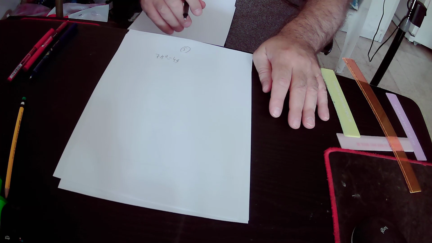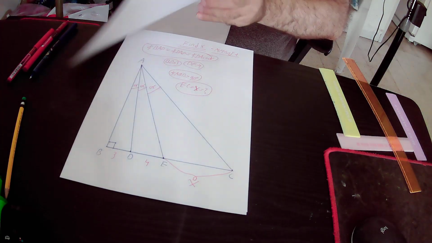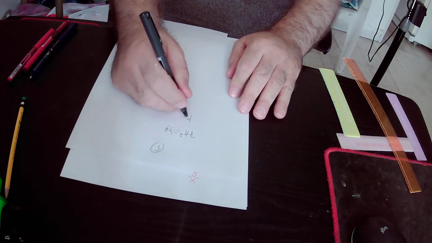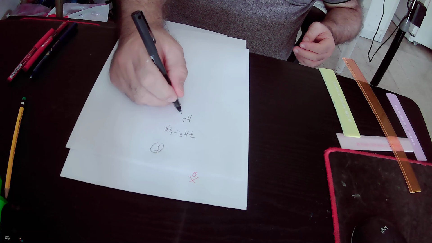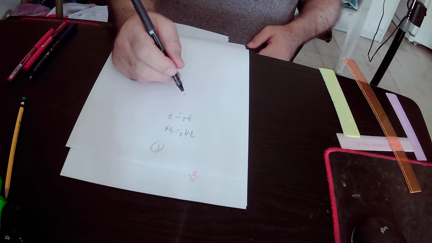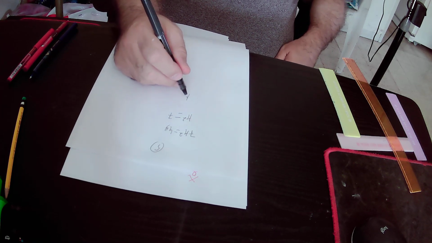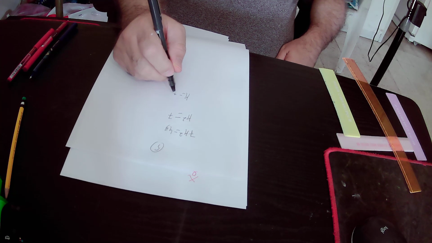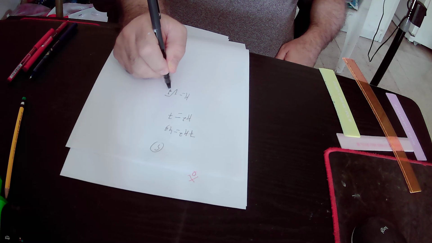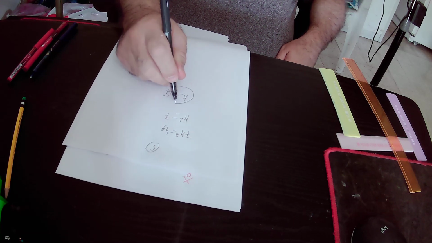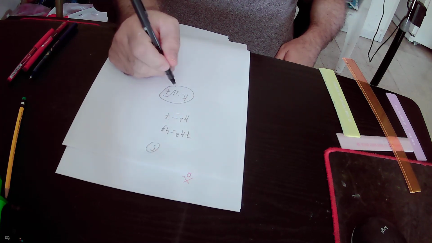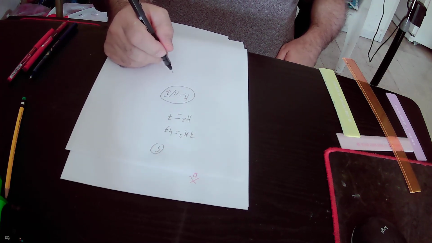Here we will divide this equality by 7, and we will get that K square equals to 49 over 7 is 7. K square equals to 7. We will take a root out of this equality, and we will get that K equals to the positive root of 7. K must be positive because it is the side of a triangle, so it must be a positive number. So K equals to the positive root of 7.